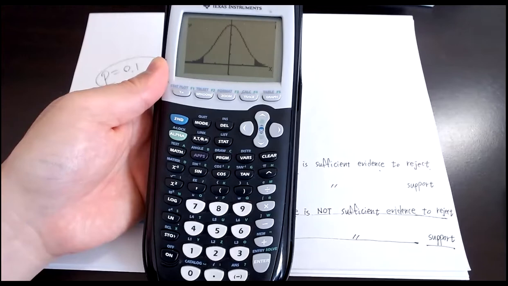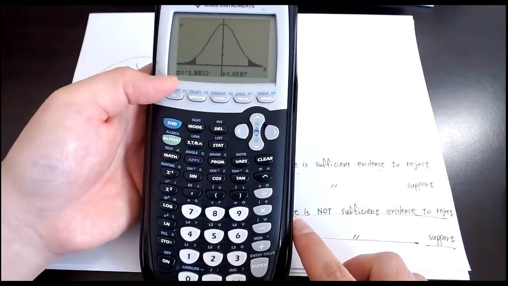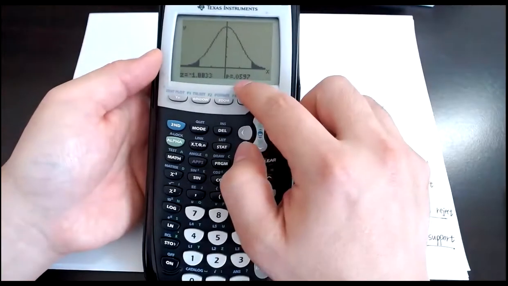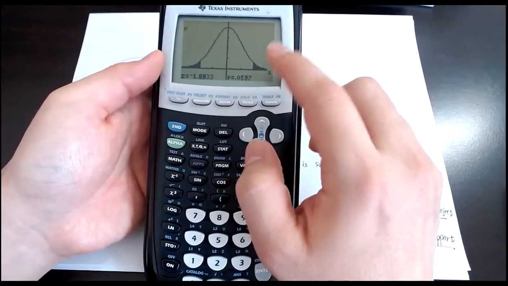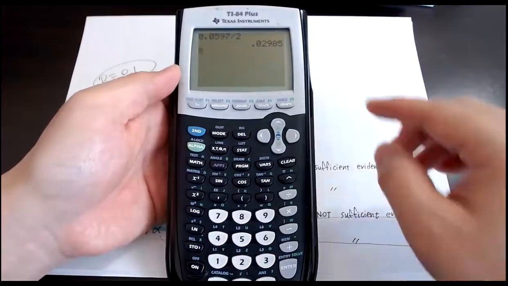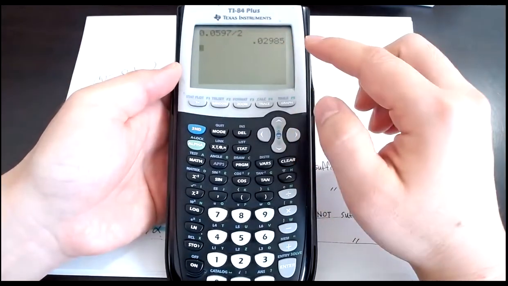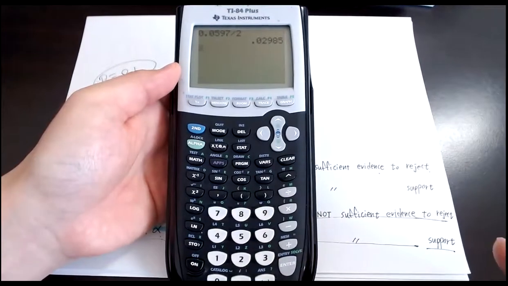Now you see the test statistic is negative 1.8833 and the p-value is 0.0597. Okay, so we take half of the p-value. So we got 0.02985.